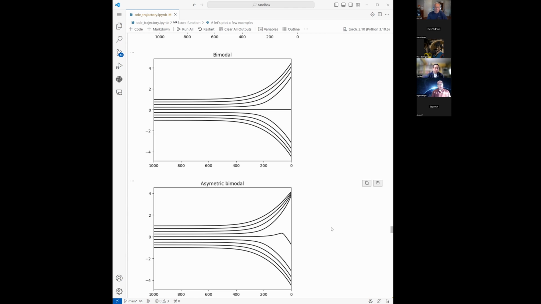In this asymmetric bimodal, you can see that little kink in there. I think that's because of the noisy part in the score function. I hope that isn't a coding error.